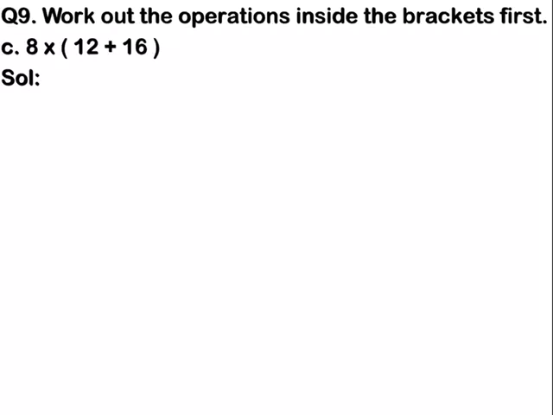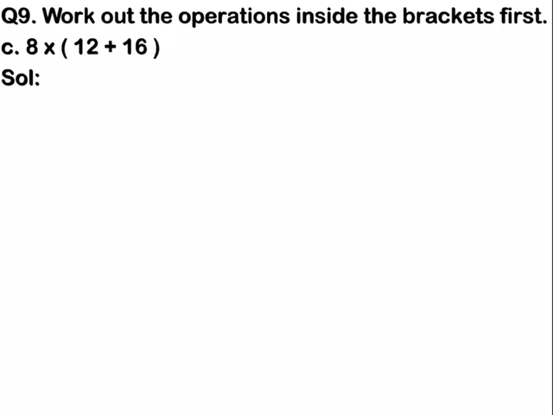Now student, question number 9. And question number 9 is, copy and complete these. Work out the operations inside the bracket first. Student, first we will solve the value which is right in bracket.